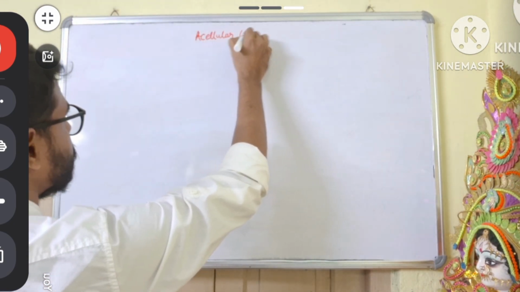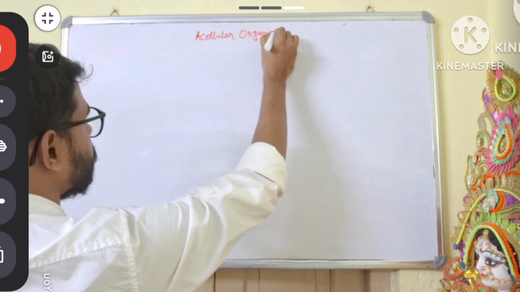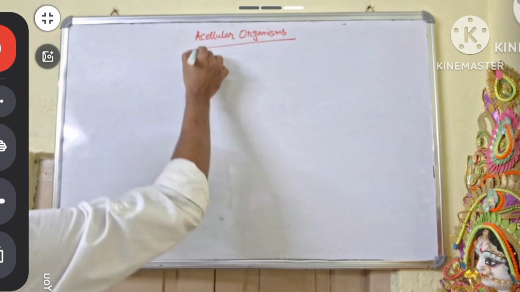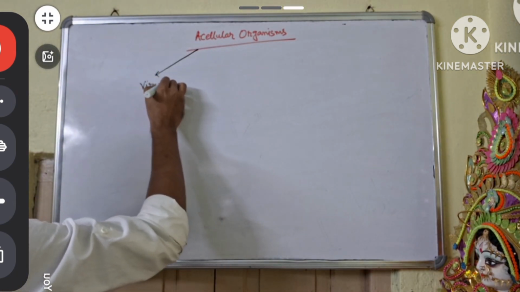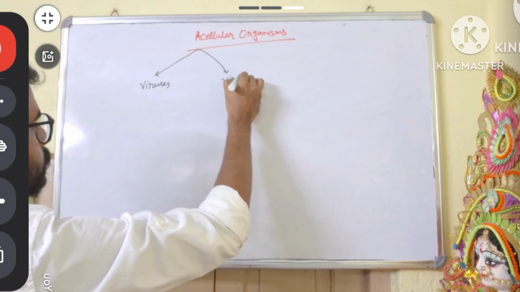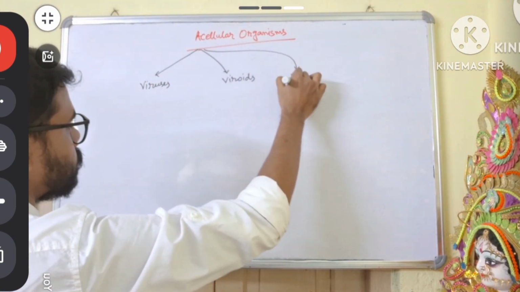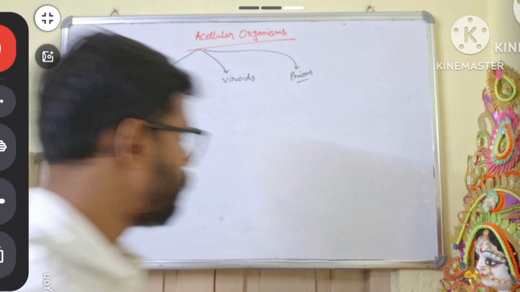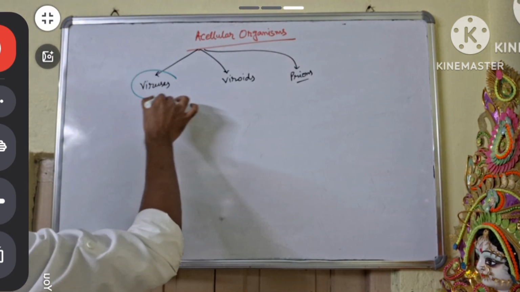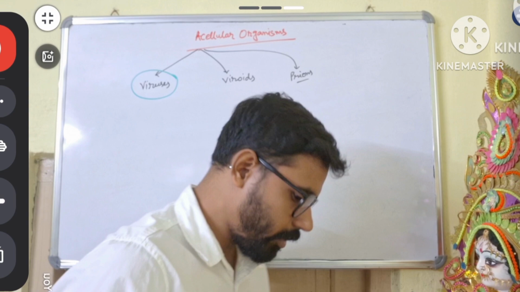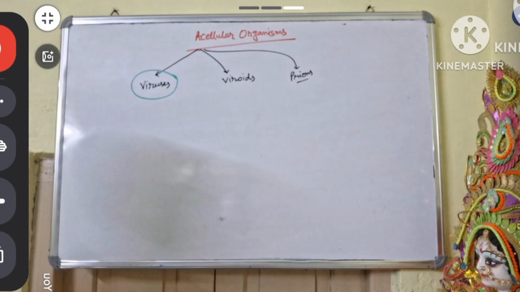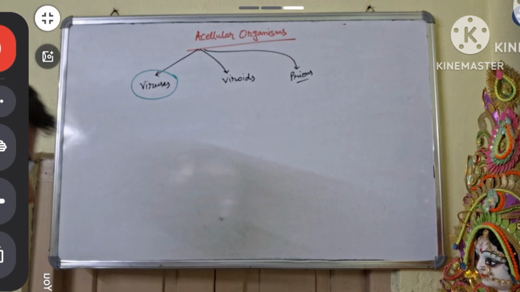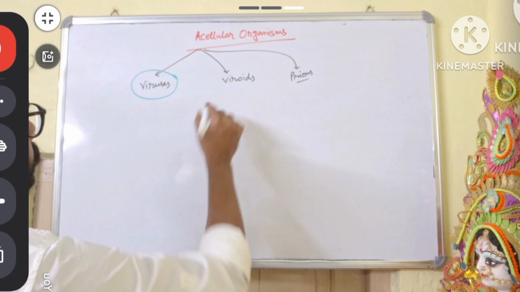Last day in my class, we discussed the three acellular organisms: virus, viroids, and prions. Today we discuss the virus in detail, because viroids and prions are already done, including what materials they have and how they transmit.